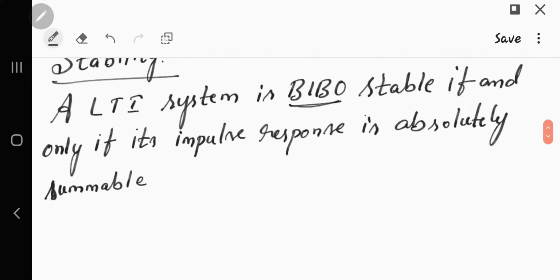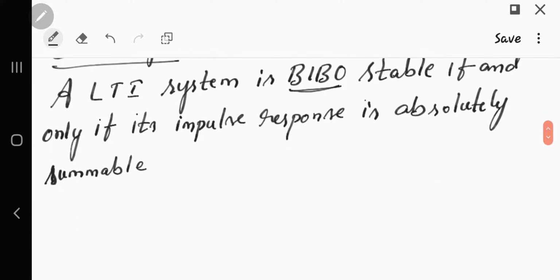So this one is for a discrete time system.